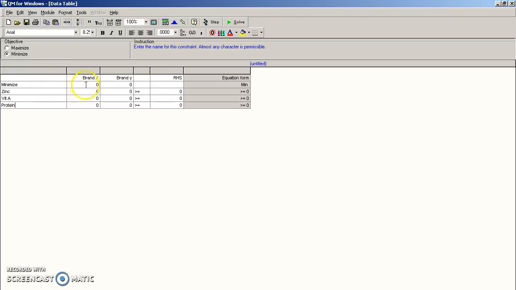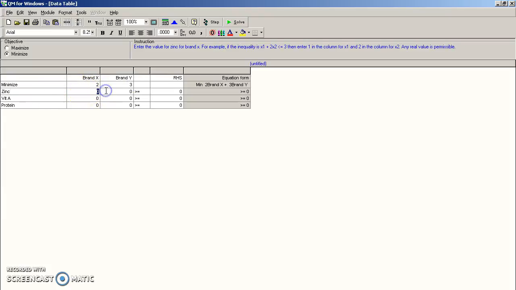And so every ounce of turkey feed costs 2 cents for brand X. Again, we're in brand X. For brand Y, let me put that in as a capital. For brand Y, let's say it's 3 cents.